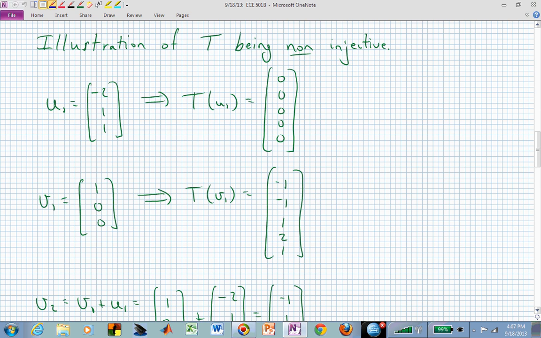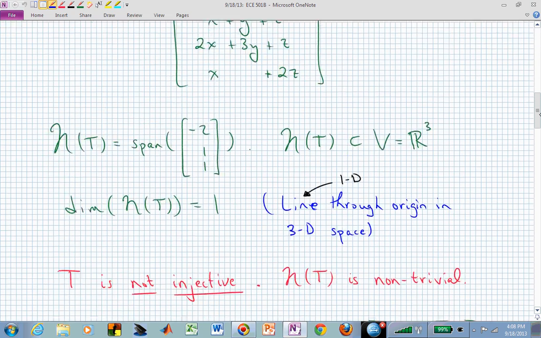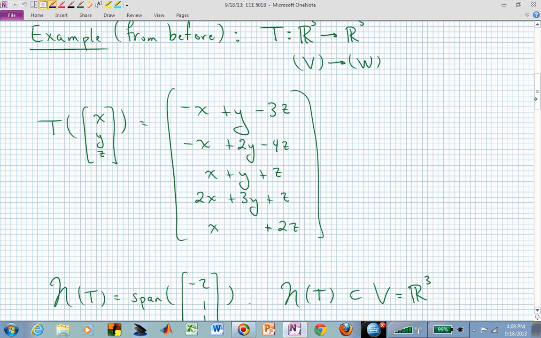What if we pick a different vector in our domain, v1, that really just has x equal to 1, y equal to 0, and z equal to 0. If we went back to our linear map, we would simply substitute 1 for x, 0 for y, and 0 for z, and we would end up with -1, -1, 1, 2, and 1.